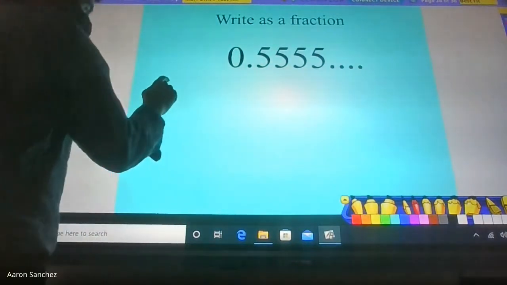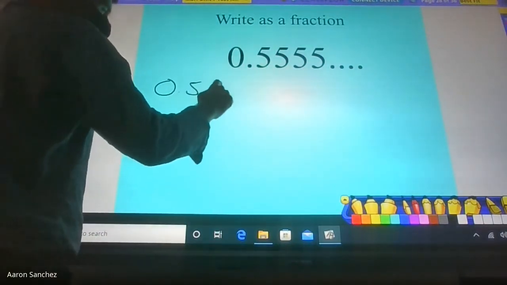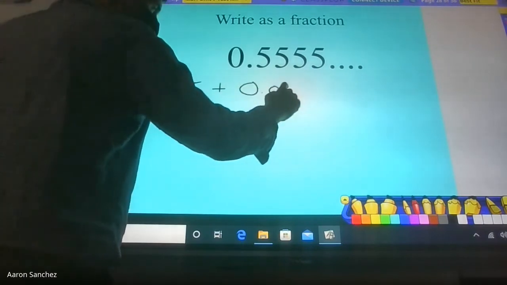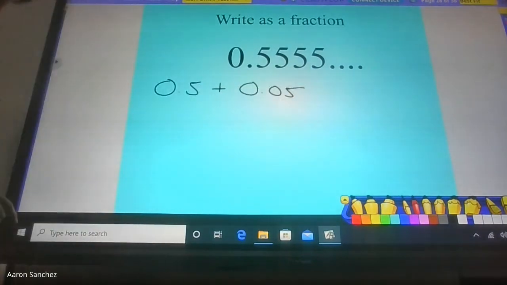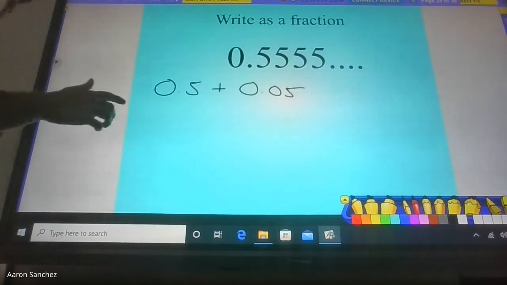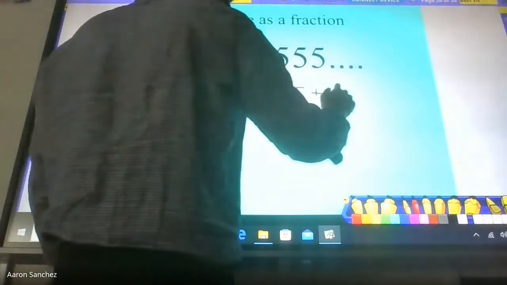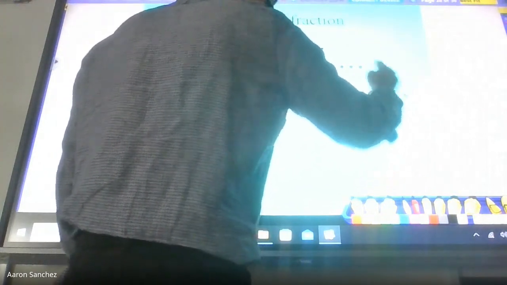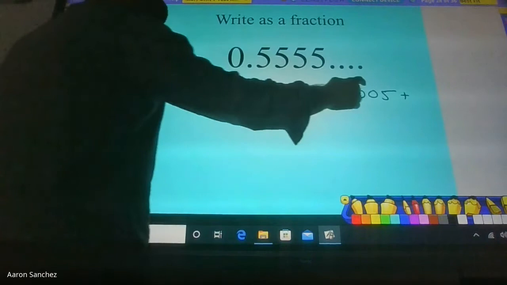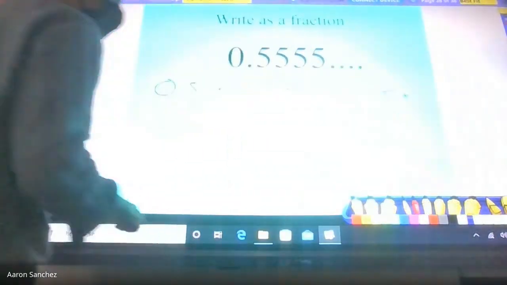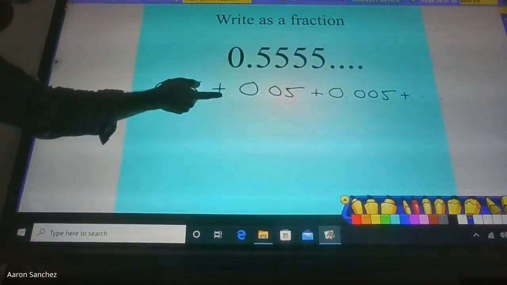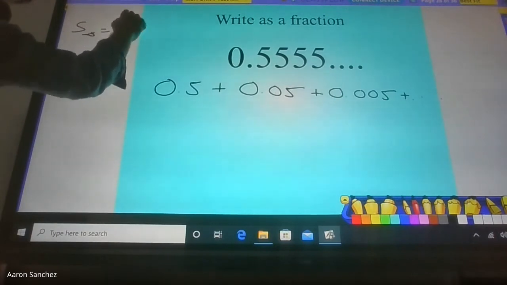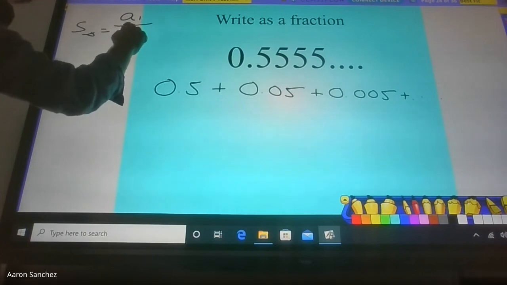I have 0.5 plus 0.05 plus, and so forth. It goes on forever, dot, dot, dot. It's an infinite series, so my infinite series is a sub 1 divided by 1 minus r.